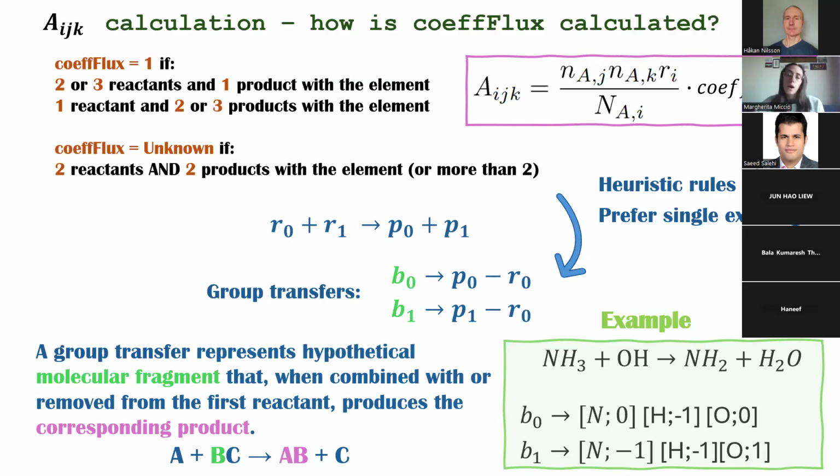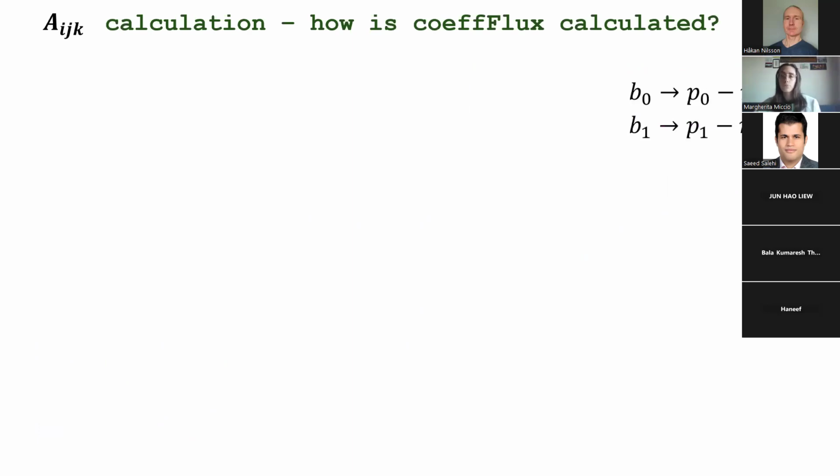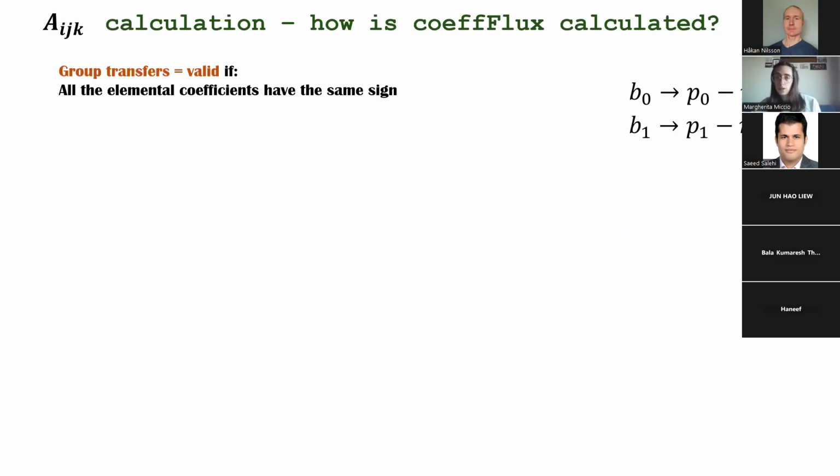And that's why we are using this rule, because it allows us to prefer the single exchange. So now we keep in mind this definition, and we see how this coefficient flux is actually calculated.